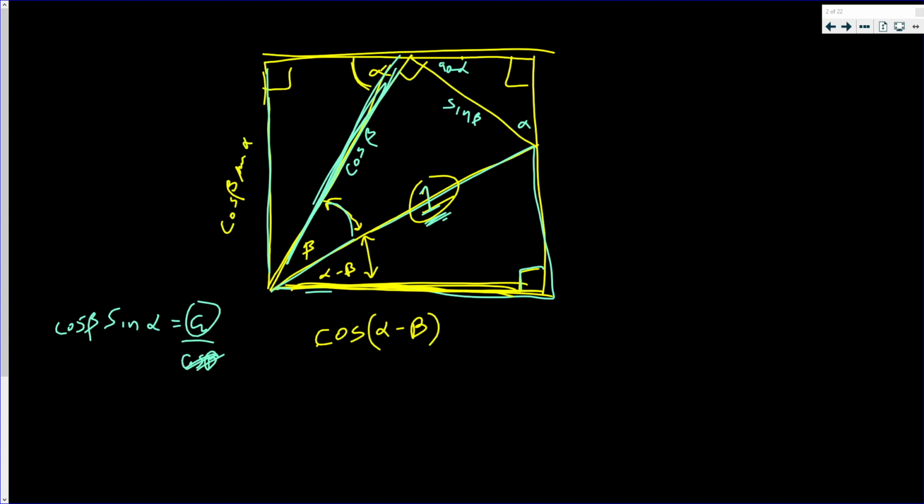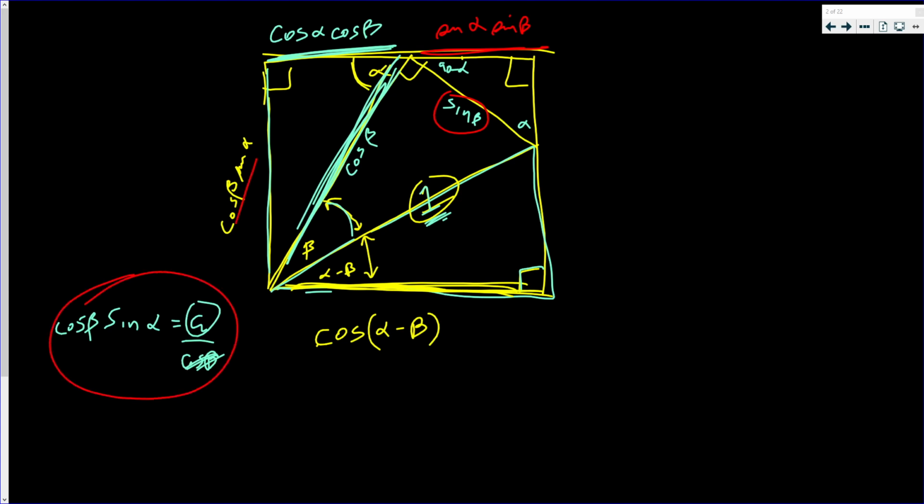Now, what about this side right here? For the same argument, it's going to be cosine alpha times the hypotenuse, cosine beta. Now this side right here, that's the sine of alpha, this time times sine beta. Make sure you understand why I'm multiplying by their hypotenuse. I did it in this case over here, and make sure you agree with that.